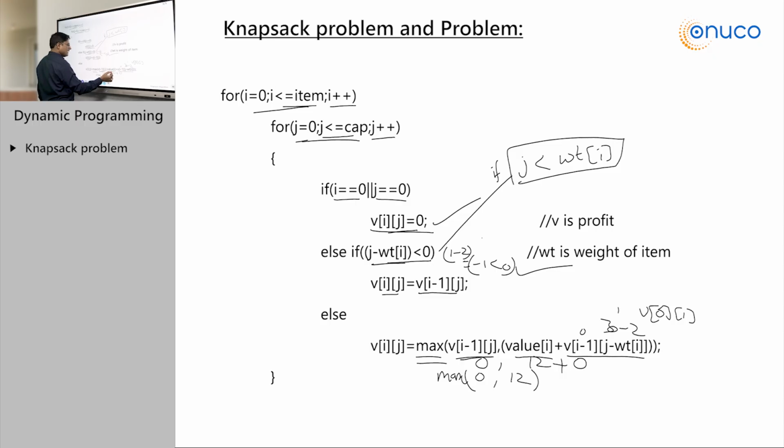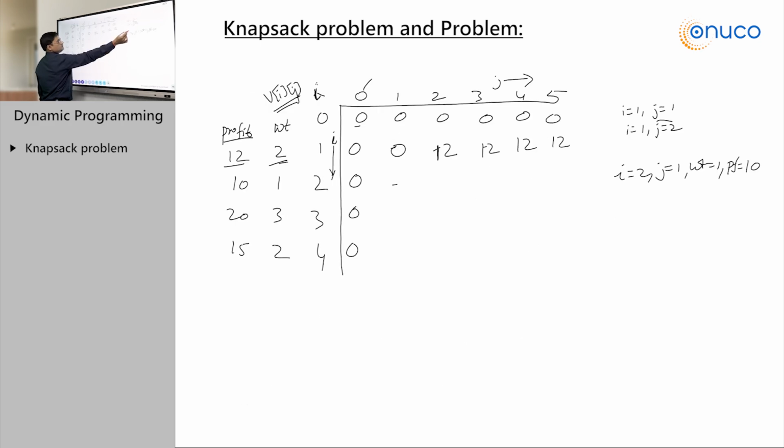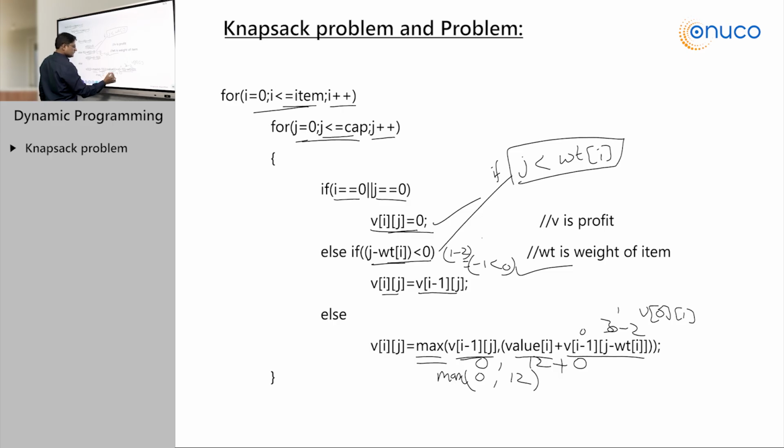0, comma. Value of i, the value of the second element, is 10. So this is 10 plus V of i minus 1, previous row, so 2 minus 1 is equal to 1. j minus w, 1 minus 1 is 0.